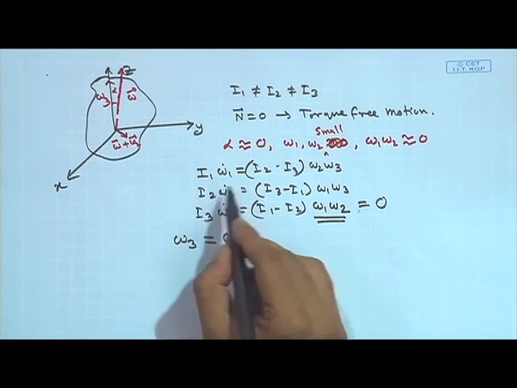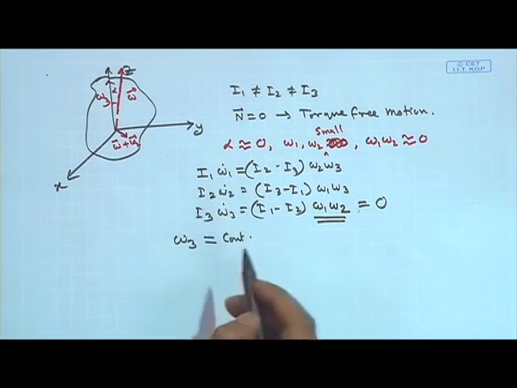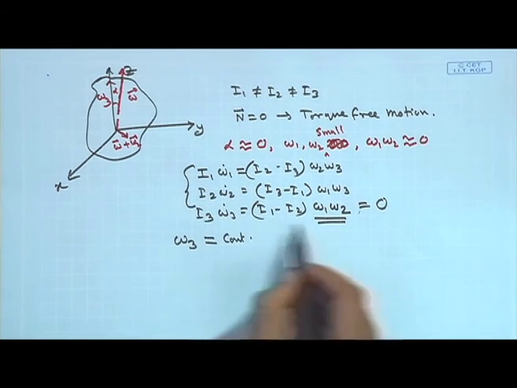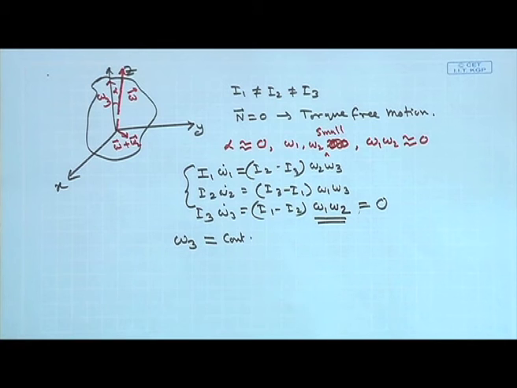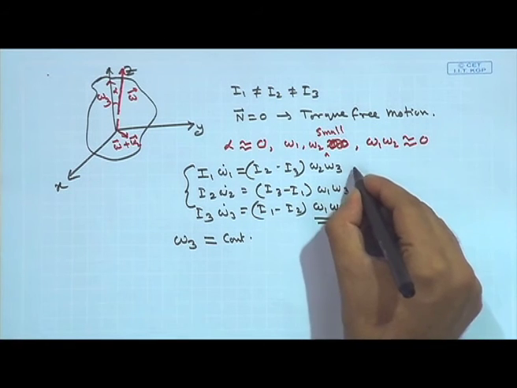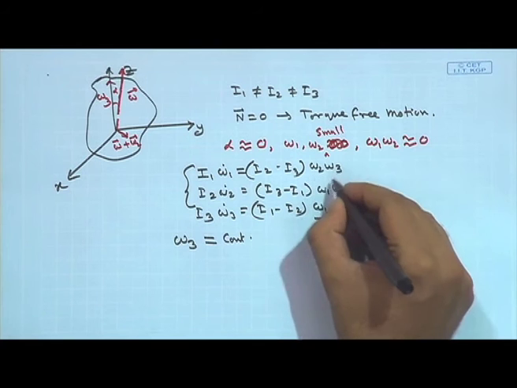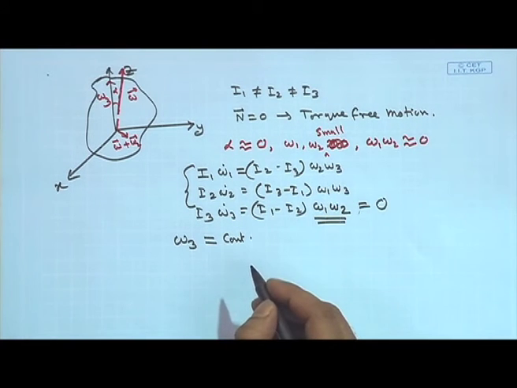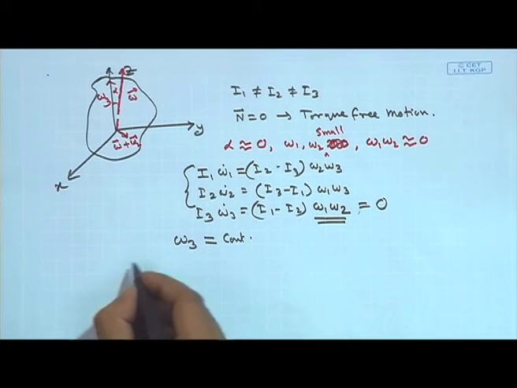Now once again, we are stuck to these two equations. The third equation gave us omega 3 dot equal to 0. We can substitute this in this equation, and then what we can do potentially is the same construction like we did for symmetric top.